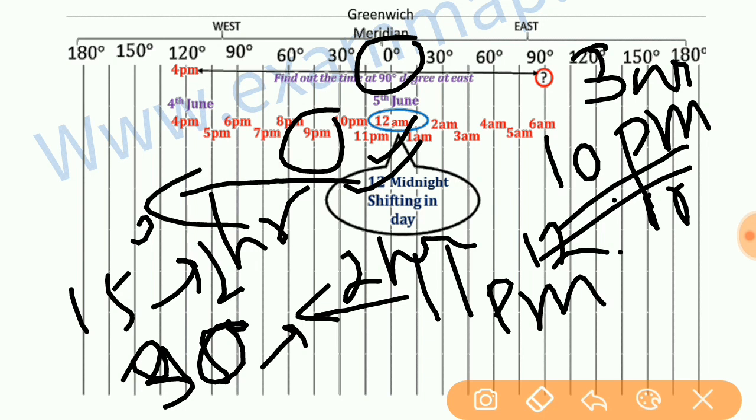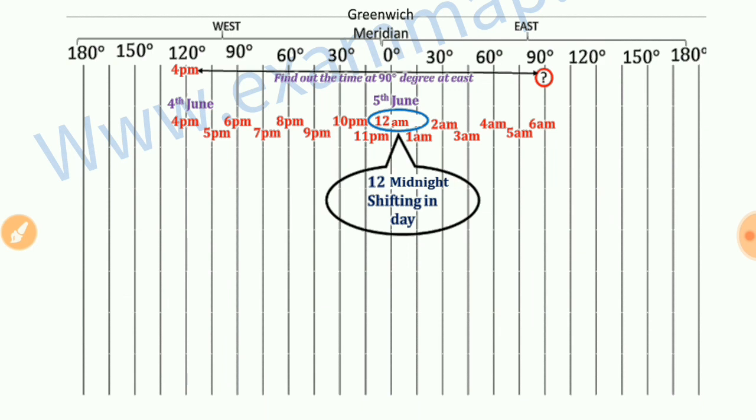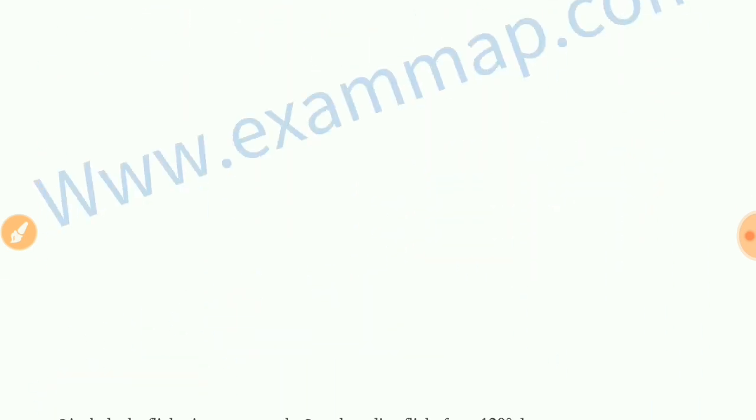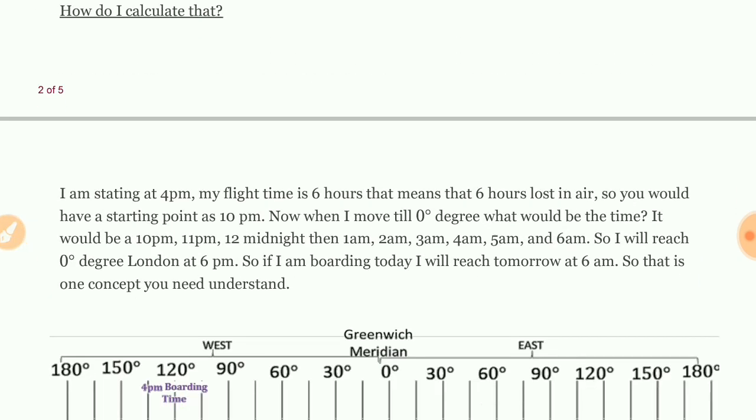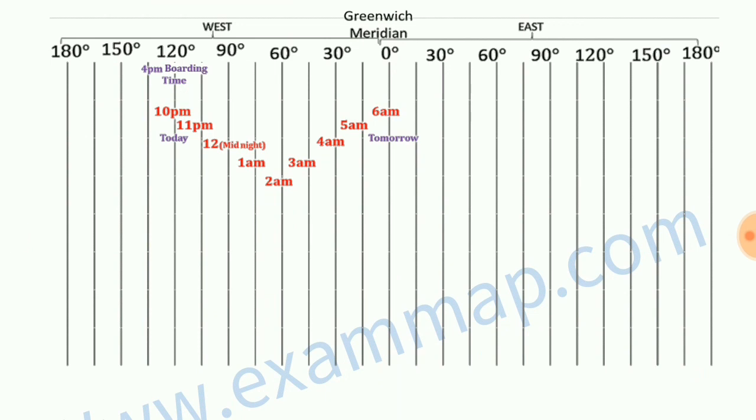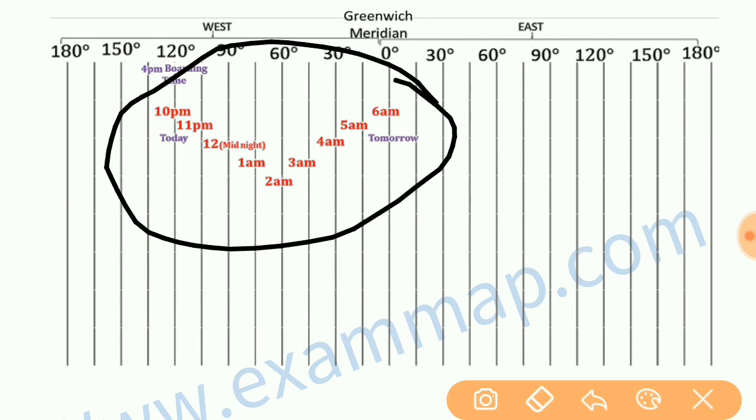Similarly we can calculate the difference of time zones to the west, which means subtraction, and to the east, addition. Here is an example in a simple way.